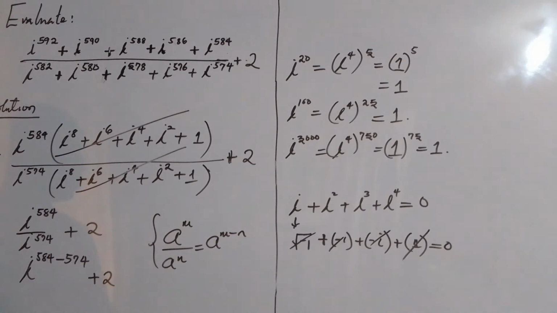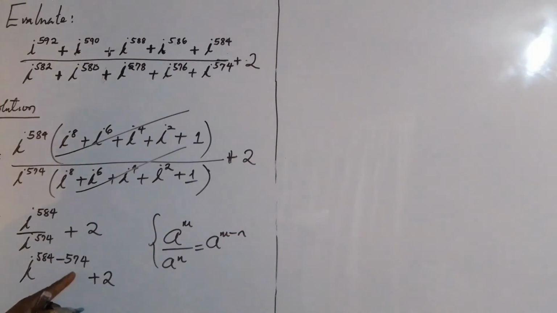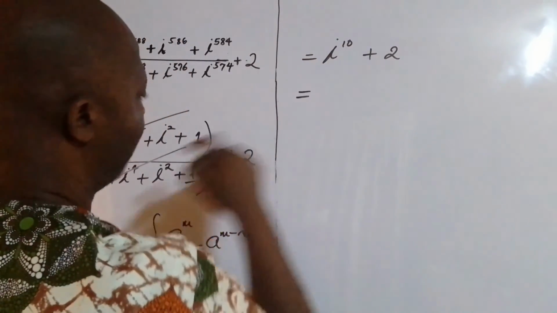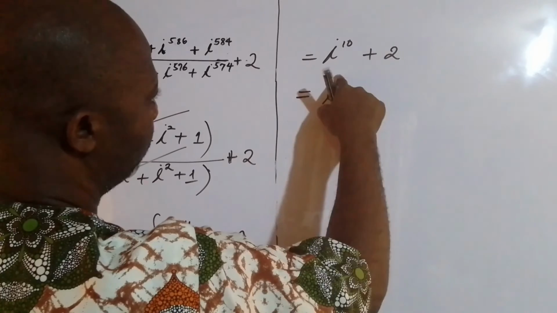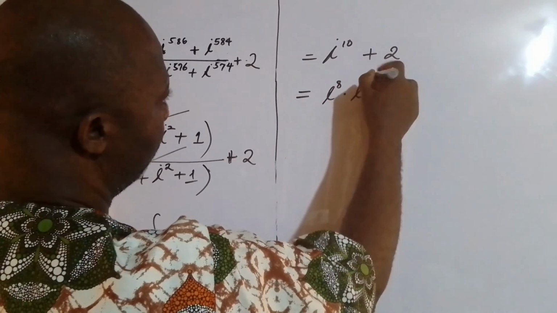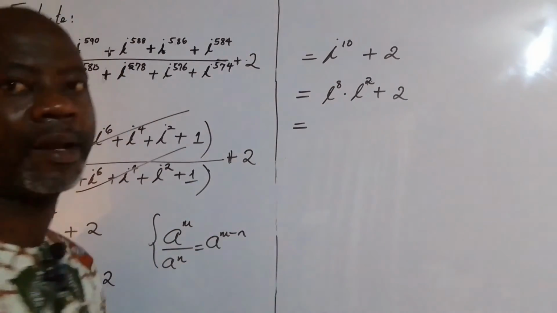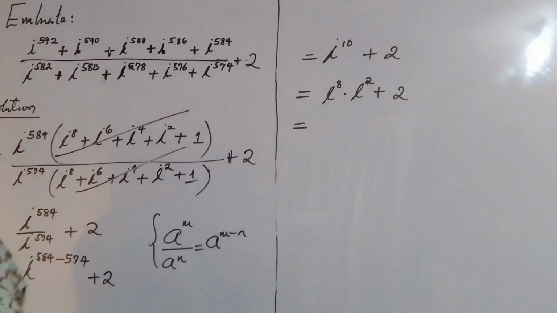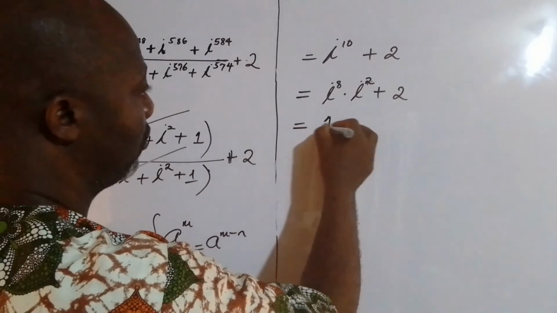So 584 minus 574 will give us i to the power of 10, plus 2. i to the power of 10 is the same thing as i to the power of 8 times i to the power of 2, then plus 2. i to the power of 8, like I said earlier, when you have i and the power is a multiple of 4, that is 1.